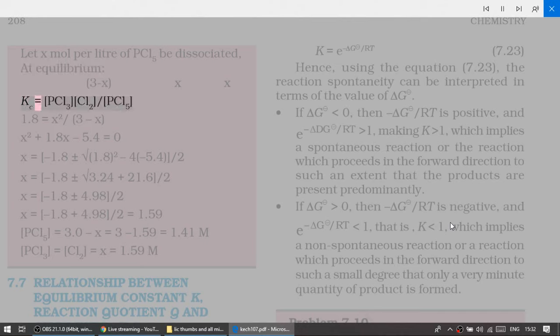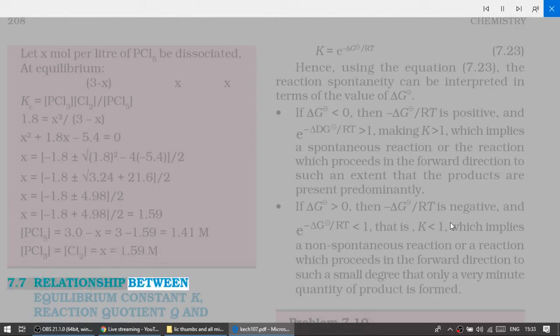Then the equilibrium concentrations are 3 - x, x, x. Kc = [PCl3][Cl2]/[PCl5], so 1.8 = x^2/(3 - x), which gives x^2 + 1.8x - 5.4 = 0. x = (-1.8 ± √(3.24 + 21.6))/2, so 2x = -1.8 ± 4.98. Taking the positive root, 2x = -1.8 + 4.98, x = 1.59. [PCl5] = 3.0 - x = 3 - 1.59 = 1.41 M, and [PCl3] = [Cl2] = x = 1.59 M.